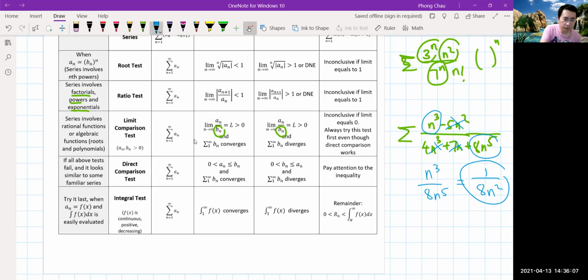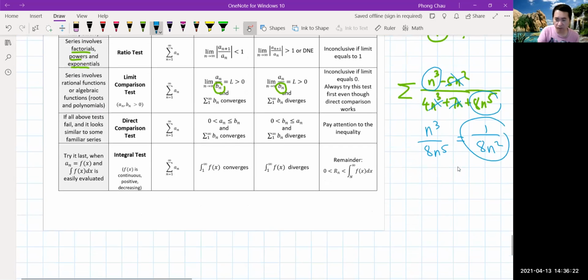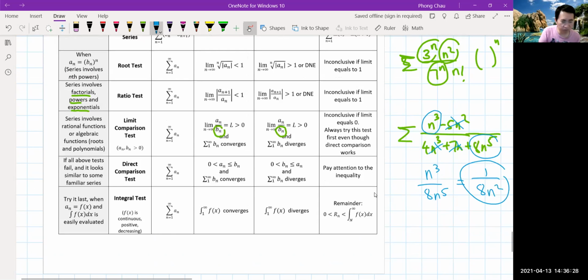And then the direct comparison is pretty similar, in the sense that you have to come up with a series to compare, using the same strategies that I have here. Also, don't forget that when you see sine or cosine, those functions are usually the clue that we're going to use the direct comparison test.